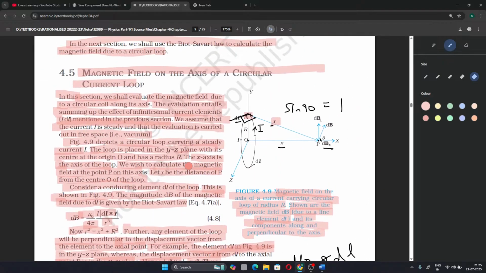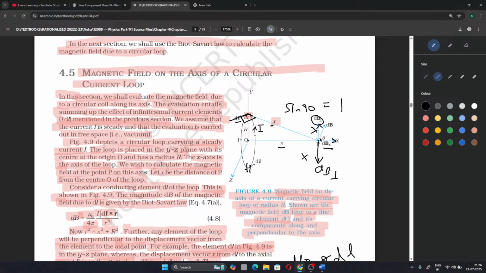Since the dB is along this direction, when we resolve this dB vector, we will get dB in the y direction and the x direction, or the sine and cos components. In this case, the y components will get cancelled out, because if we take the opposite element, we will get a dB in the opposite direction, so they both cancel out.